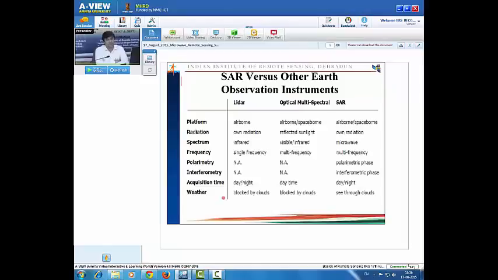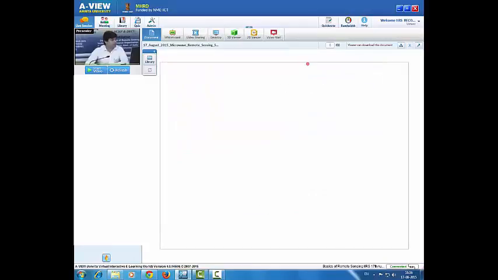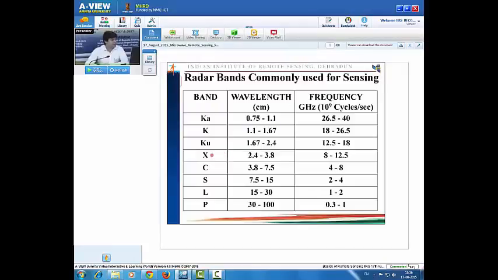Now, when we see SAR remote sensing, in the previous slides we have seen the wavelength regions. In space-borne remote sensing, we are working with X, C, L, and P bands. Starting from X band, the wavelength is in centimeters, and this is larger than the cloud particle size.